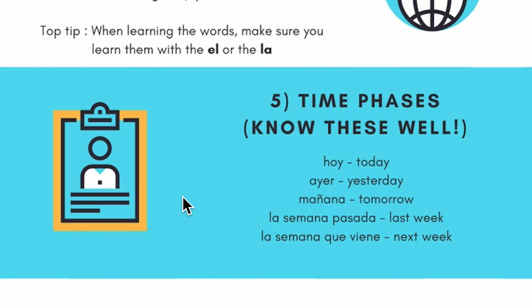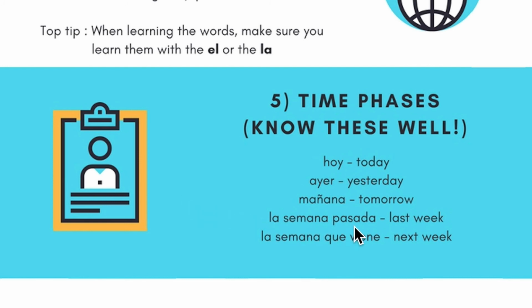Hoy. Then we've got ayer, meaning yesterday. Ayer. Go on, say it yourself. Ayer. Mañana, meaning tomorrow. And some of you are also thinking, well, perhaps mañana also means morning. Well, it does. But mañana has got 2 meanings, tomorrow and the morning.